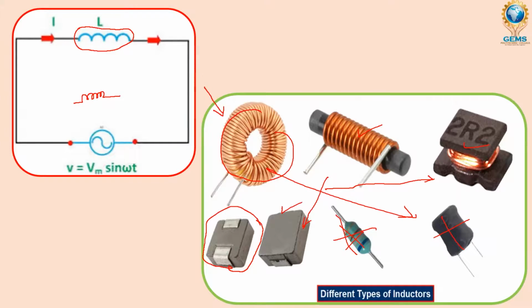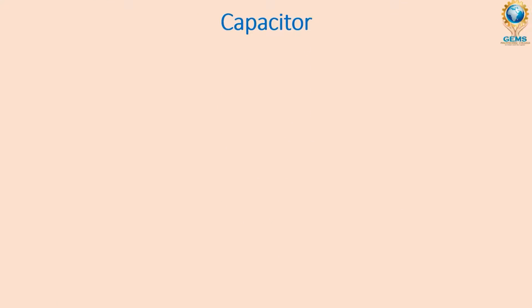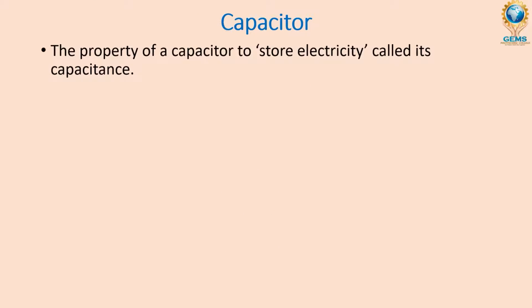Next we are going to study about capacitor. The property of a capacitor to store electricity is called its capacitance. Let me make you clear. The property of a capacitor to store electricity. Inductor is also going to store electrical energy. Inductor will store in the form of magnetic field.